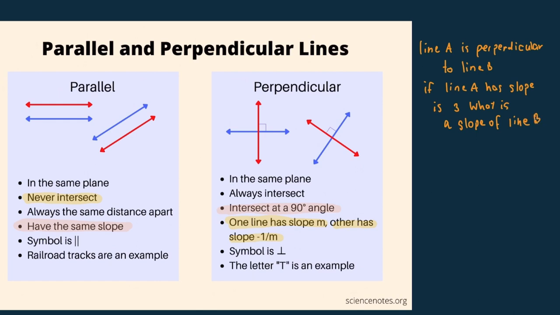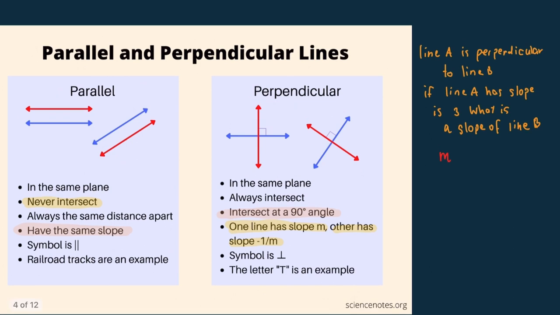Okay, so now the first line, line A, the gradient is 3, or slope is 3. So what is the gradient of the line that's perpendicular to line A? M is the denotation of the gradient or slope, right? M of A equals 3.